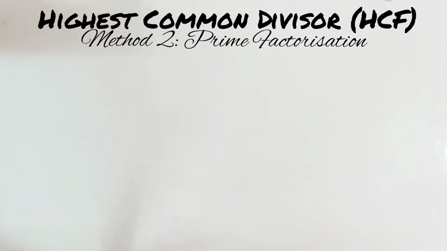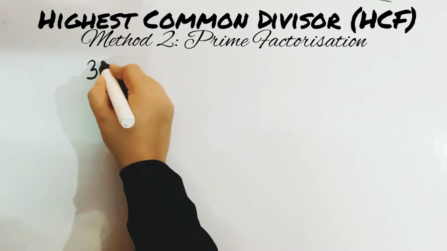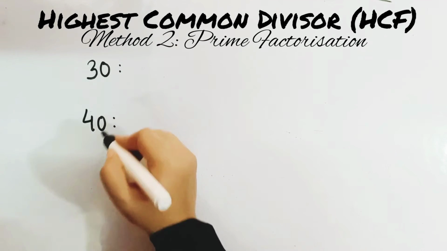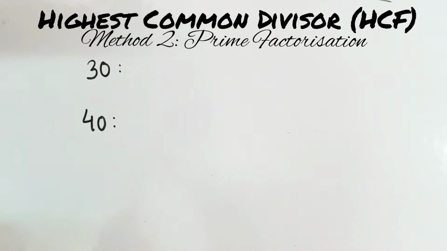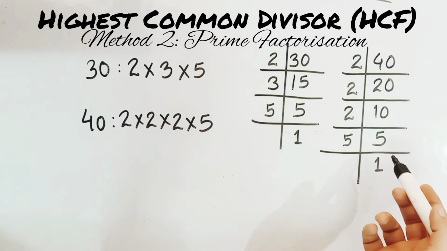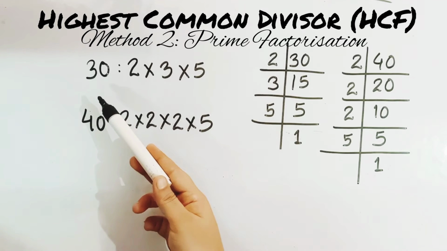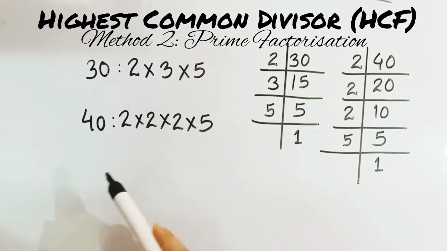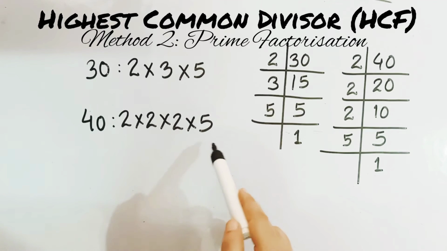The second method is the prime factorization method. In this, first we have to find out the prime factors of the numbers. Let's take the same example of 30 and 40. The prime factorization of 30 is 2 into 3 into 5, and the prime factorization of 40 is 2 into 2 into 2 into 5.